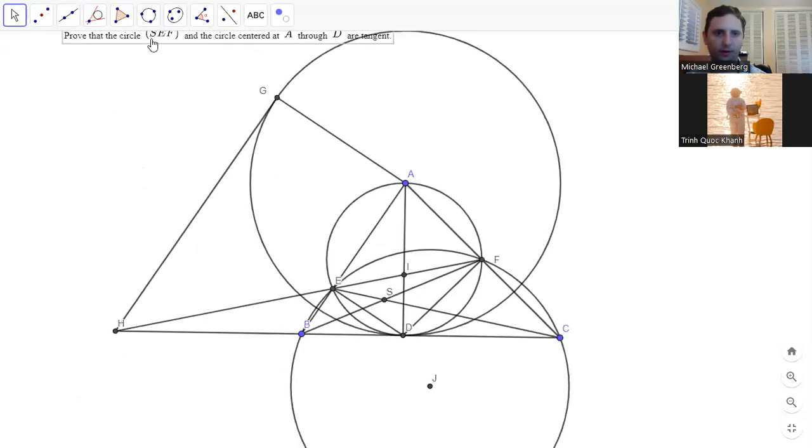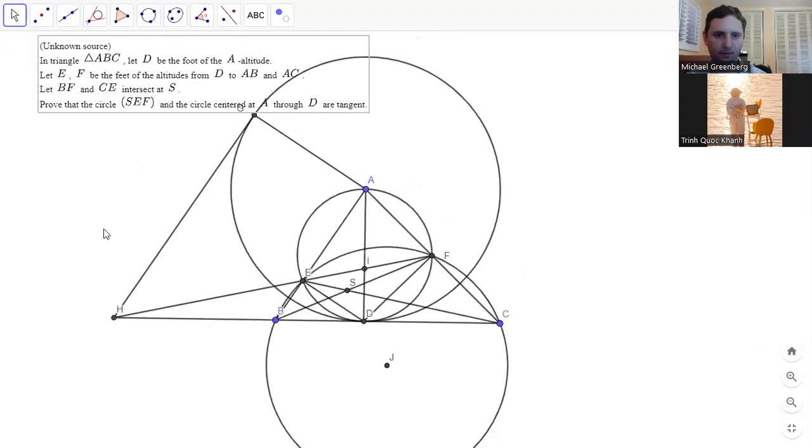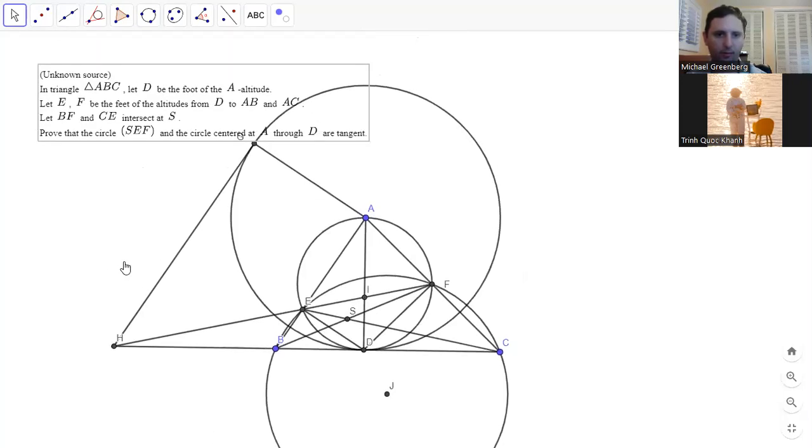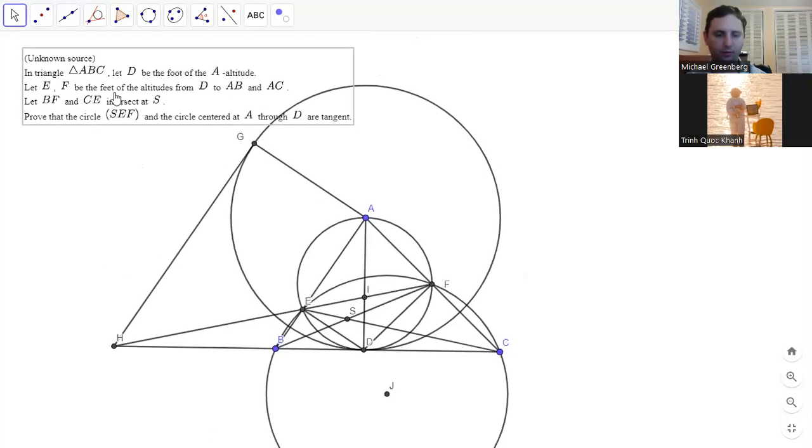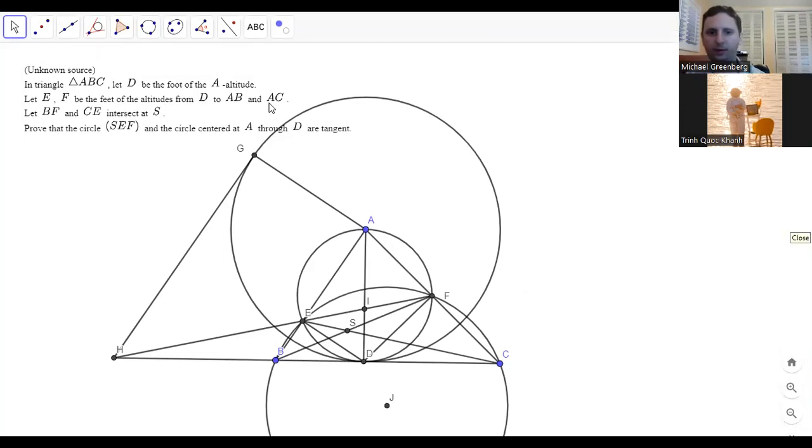Call that J. And so SJ is perpendicular to AH by Brocard. HE times HF is HB times HD, which is HG squared, or HB times HC.